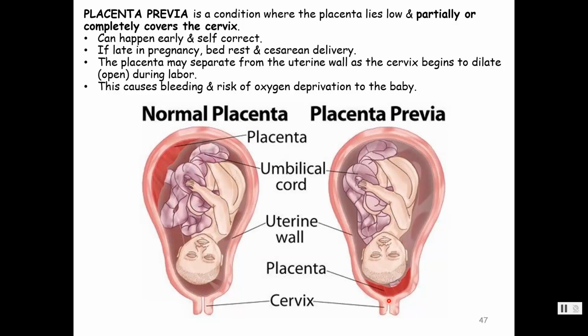If this is now across an open space, and as the woman moves around, those connections get severed, there can be bleeding. And the more connections that are severed between the placenta and the endometrium, the more it risks the baby being deprived of oxygen. That's why the mother is put on bed rest, to restrict motion and the possible severing of the placenta from the uterine wall. And so, placenta previa.